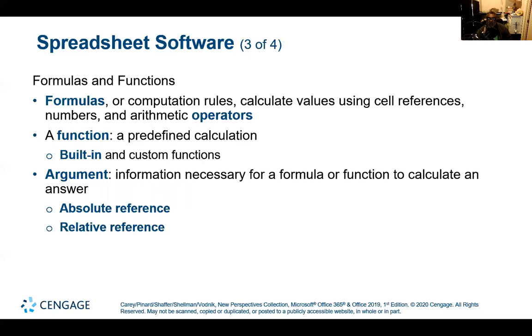Absolute reference gives you the entire path, what sheet it's on, what row it's in, what column it's in. That is the pathway to finding that particular value. Relative would just deal with the sheet that it's on. So you can put it on sheet 5, but the relative reference might be A6. That would be your relative reference.